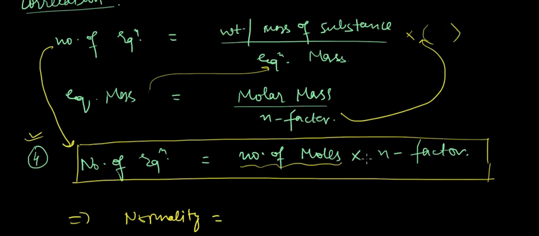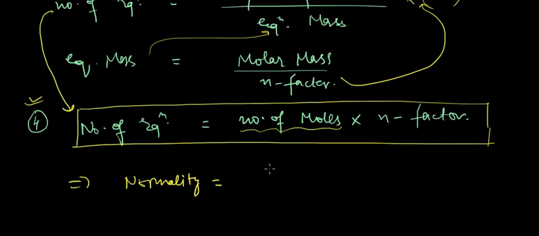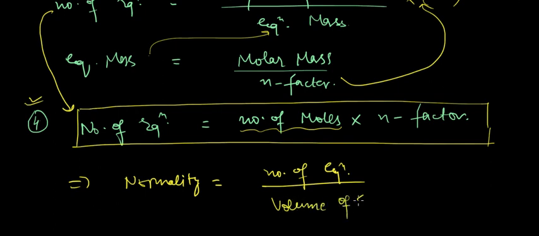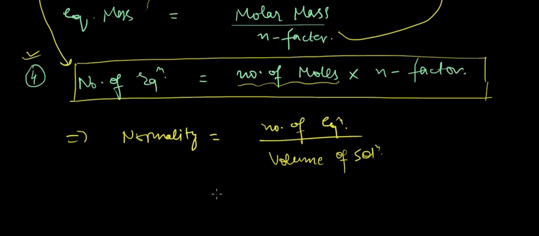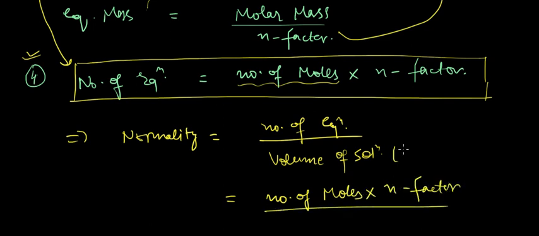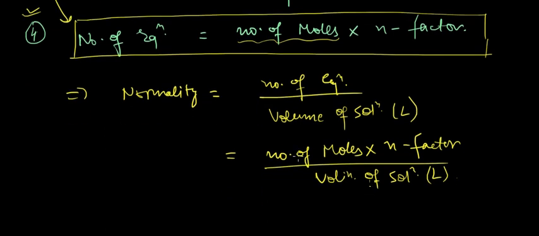So the number of equivalents is the number of moles into n factor, and normality is nothing but, let me rewrite it, the number of equivalents of solute divided by the volume of solution. Okay, so the number of equivalents can be written as the number of moles into n factor divided by the volume of solution in liters. So the number of moles divided by the volume of solution in liters is nothing but molarity.